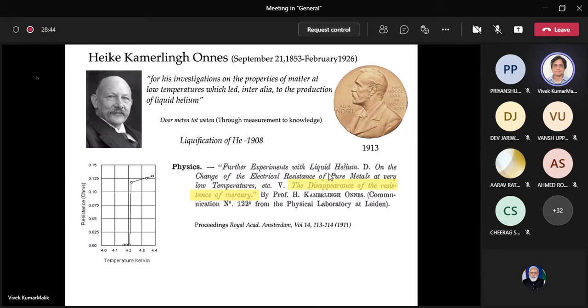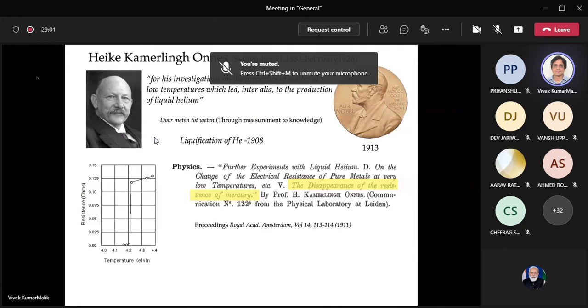So it was important whether it can be liquefied or not. Is it really an ideal gas or not? If it is really an ideal gas, there is no attraction between the atoms of helium, and then it would not get liquefied.